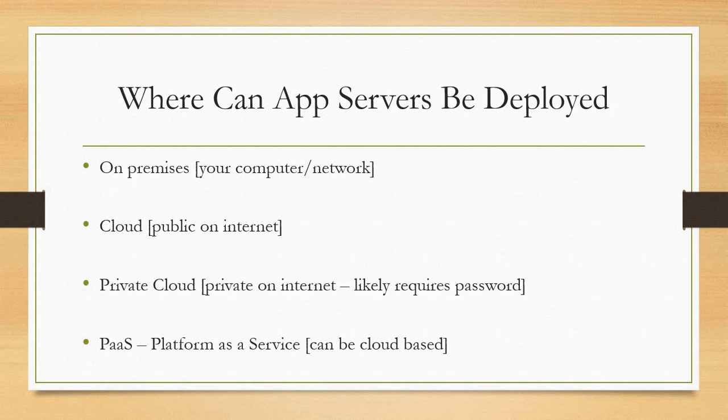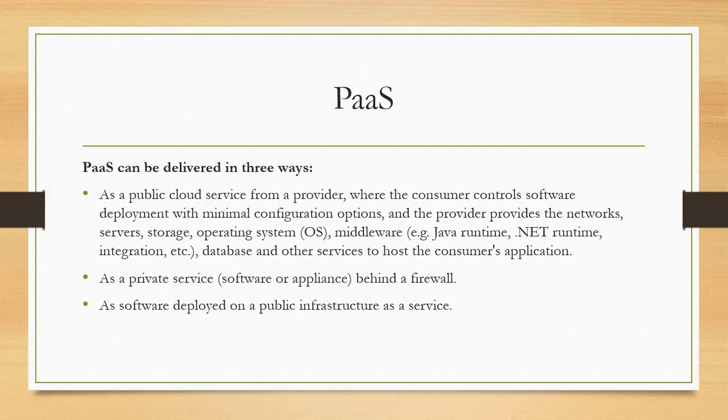Or PaaS, Platform as a Service, which can also be cloud-based. PaaS can be delivered in three ways: as a public cloud service, as a private service, or as software deployed on a public infrastructure.